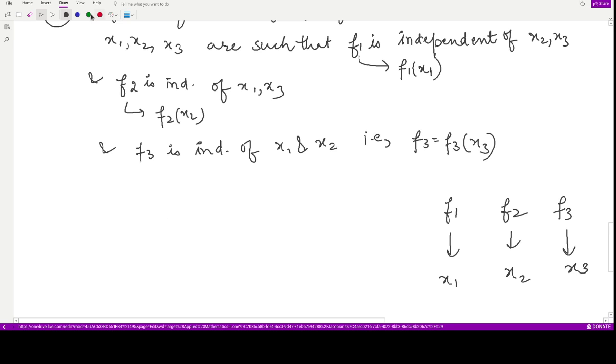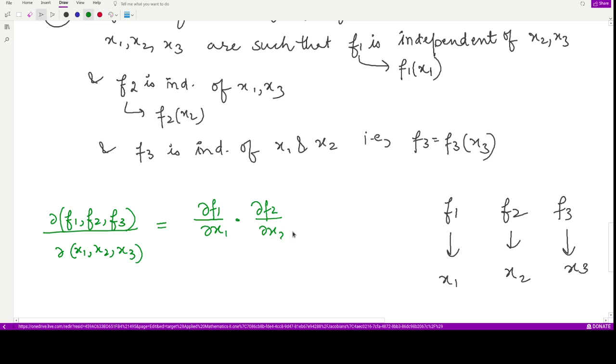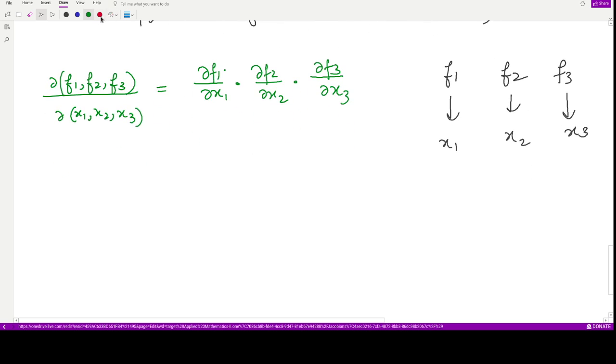In that case, the Jacobian of f1, f2, f3 with respect to x1, x2, x3 is given by the product of the partial derivative of f1 with respect to x1, the partial derivative of f2 with respect to x2, and the partial derivative of f3 with respect to x3. Simply the multiplication of all these terms. Why? Because all the other derivatives would be 0.